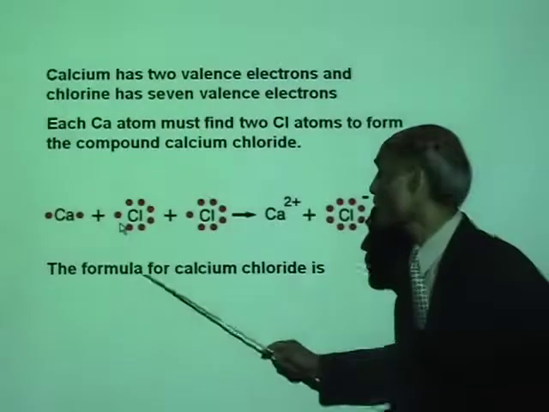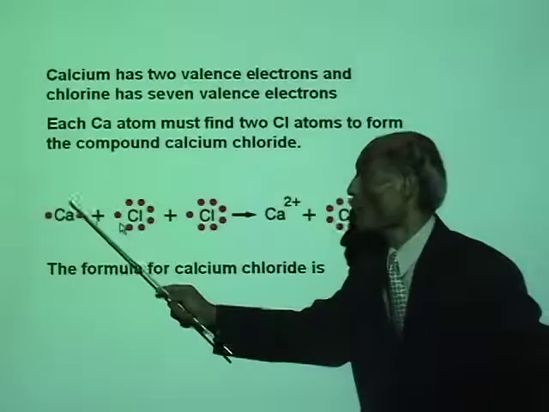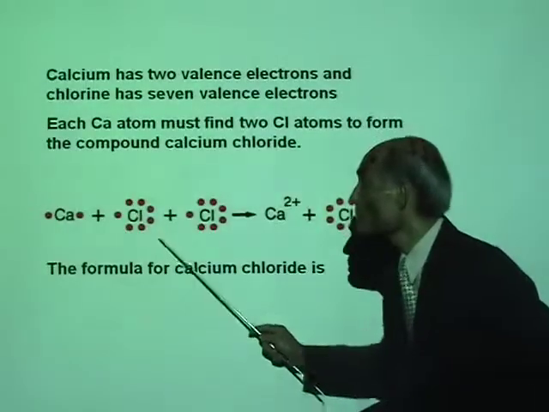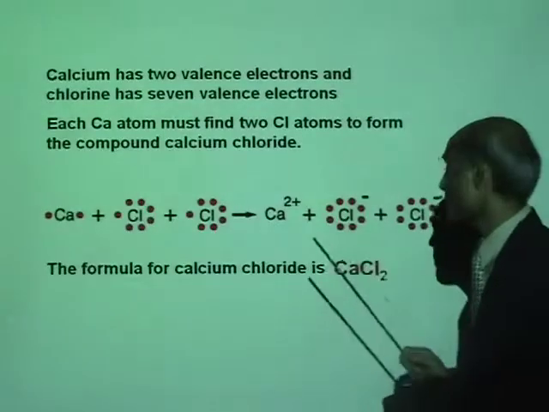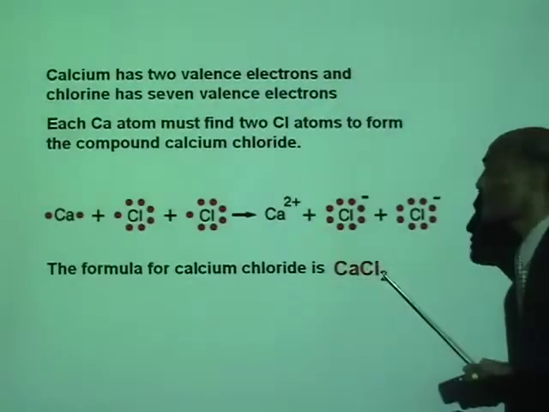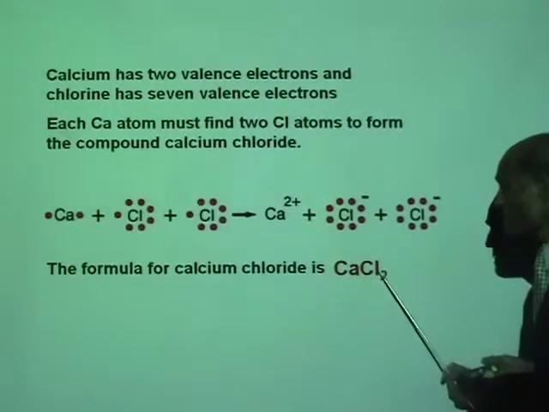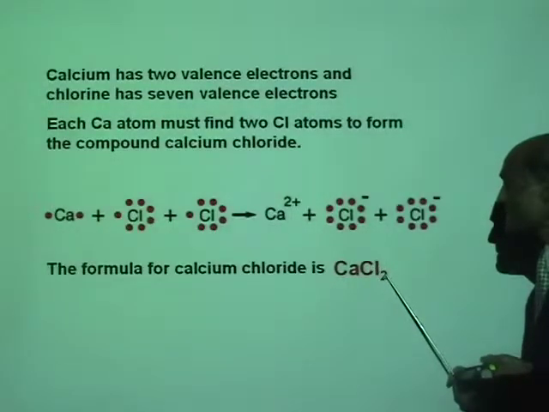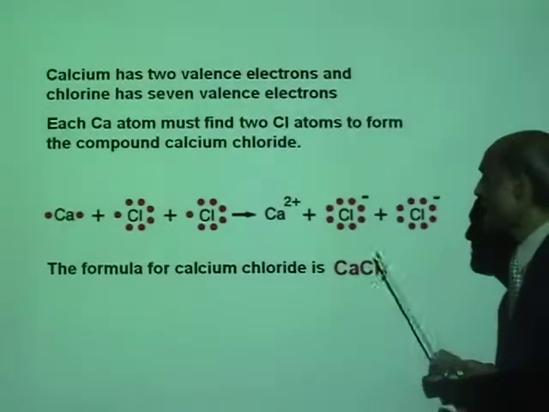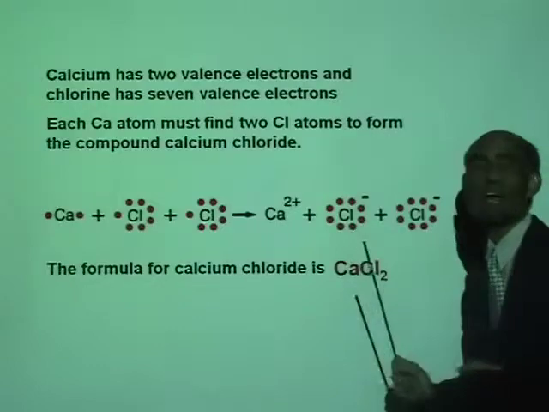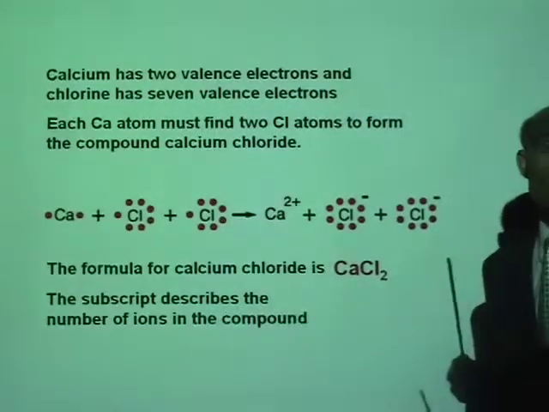So the formula for calcium chloride, what's the formula for calcium chloride? 1 calcium with 2 chlorine. How would you write it? That will be CaCl2. Now, the subscript we talked about, this is a subscript. Cl has a subscript. It tells me that there are 2 chlorine atoms with every calcium atom in the calcium chloride compound.